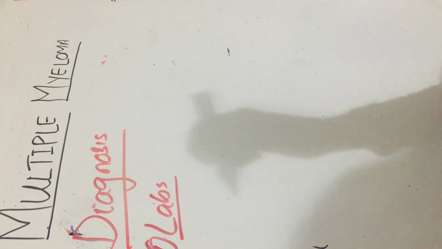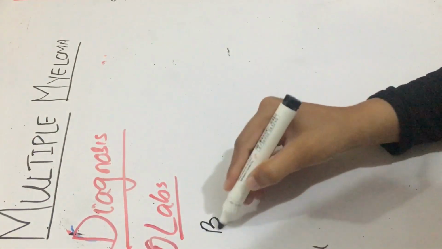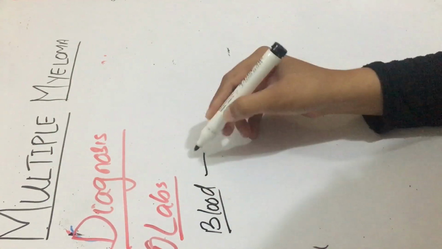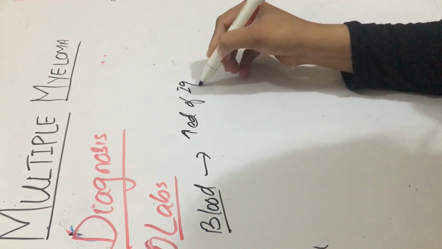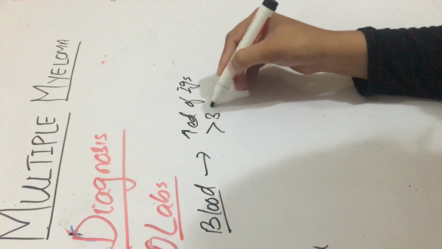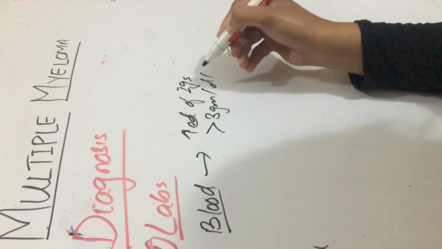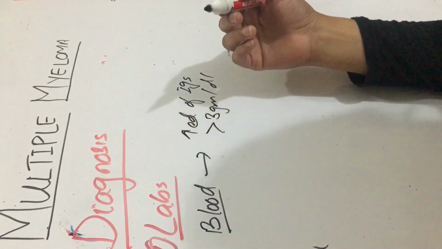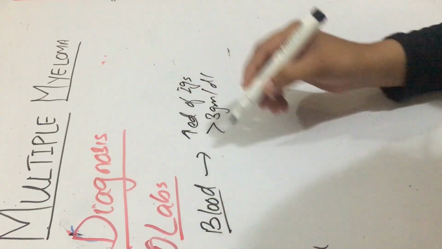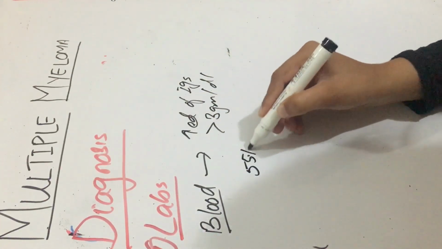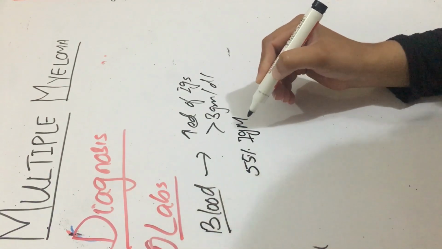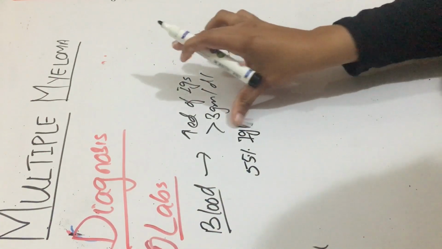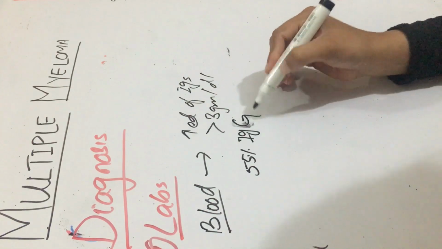In laboratory findings in the blood, there would be an increased level of immunoglobulins, which may be more than 3 gram per deciliter, and in 55% of the patients the immunoglobulin is the IgG variety.